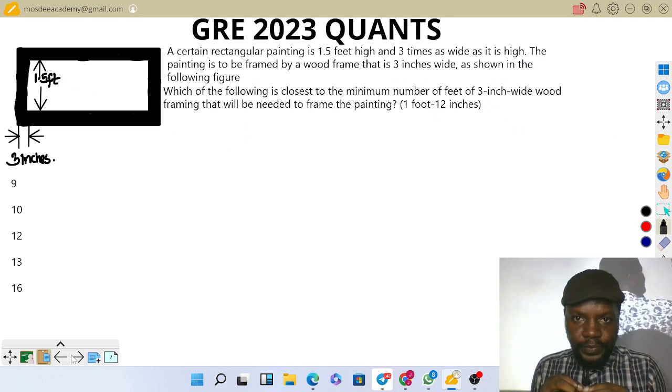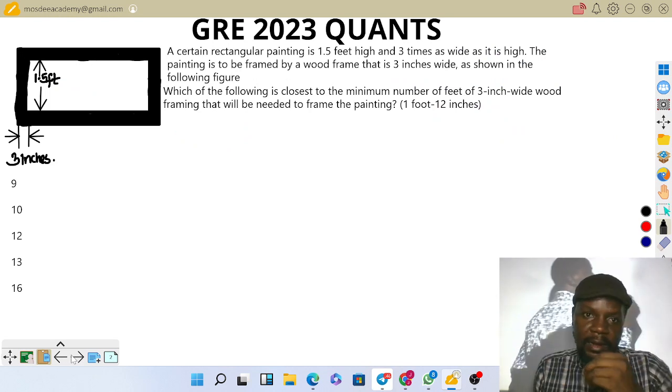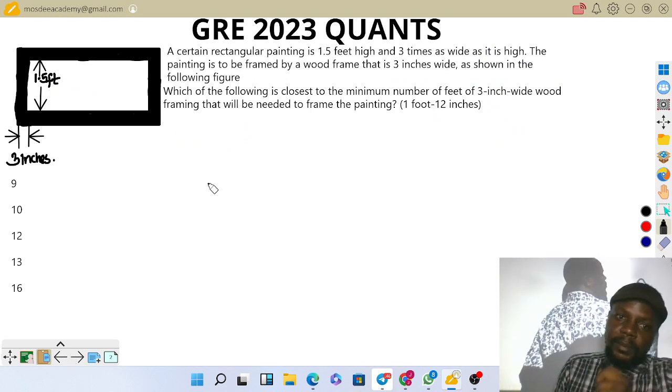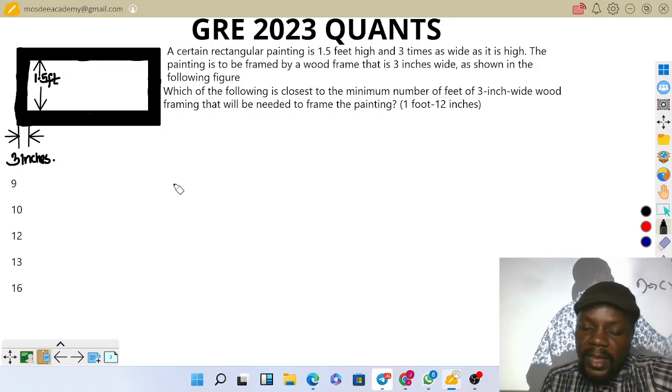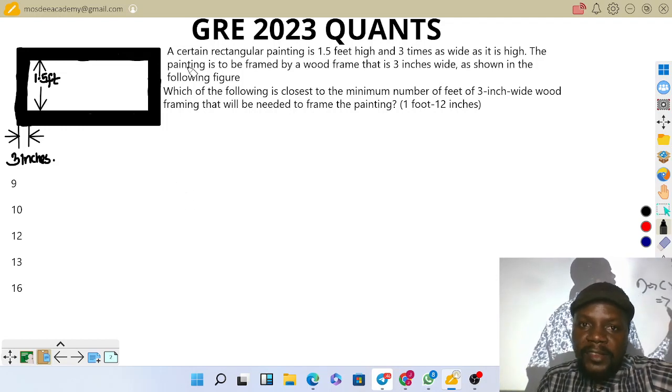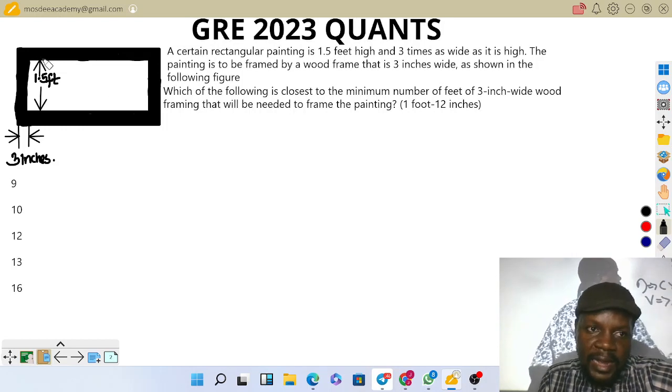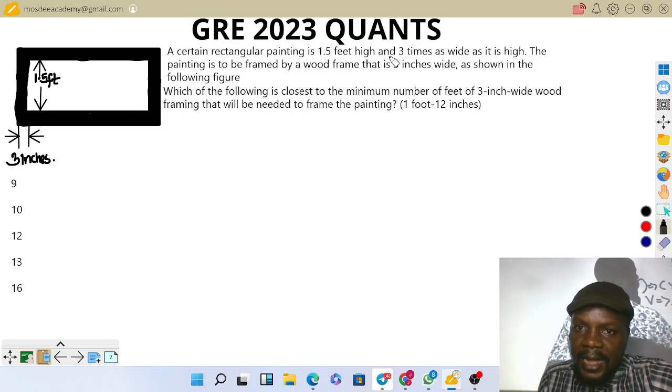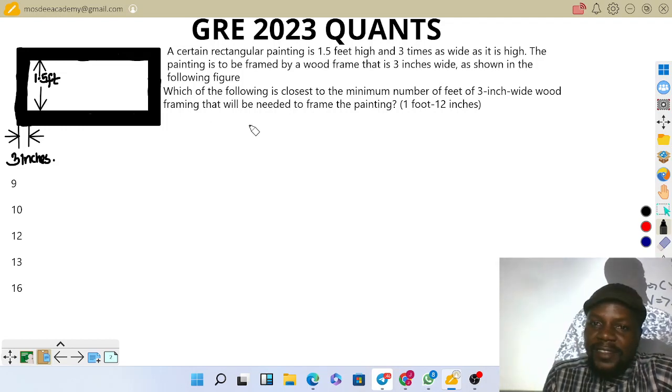The second one is more of the same aspect, mensuration. This one says a certain rectangular painting is 1.5 feet high. You can see the height is 1.5 feet and it is 3 times as wide as it is high. So let's interpret that.